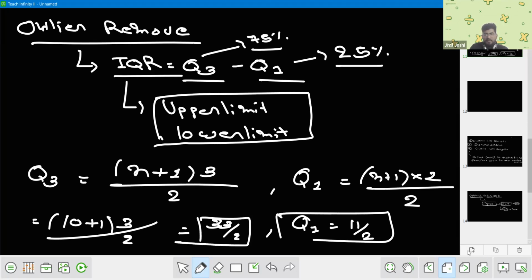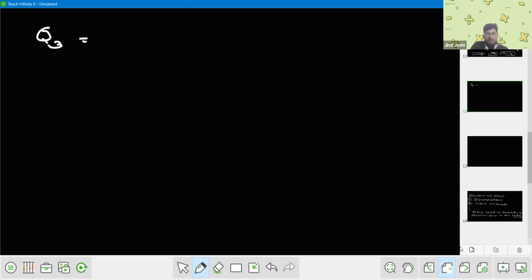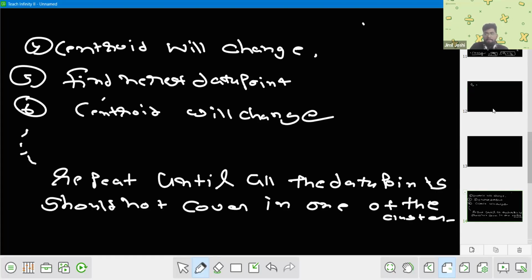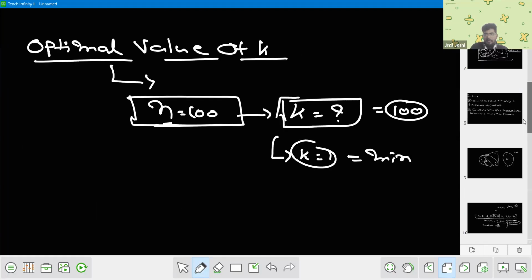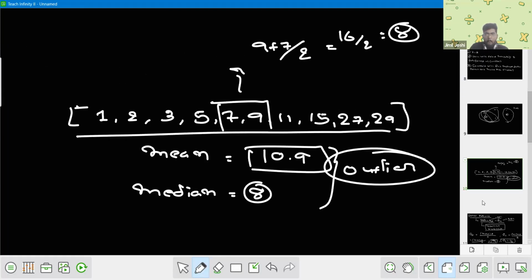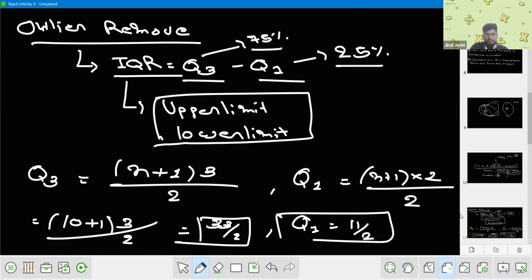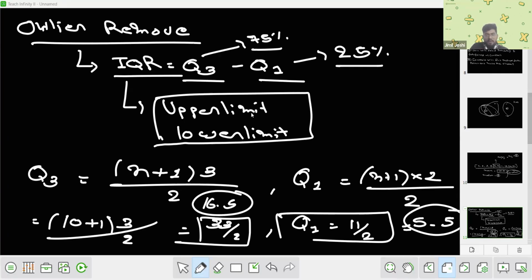Q3 will be 33 divided by 2, 16.5, and Q1 around 5.5.